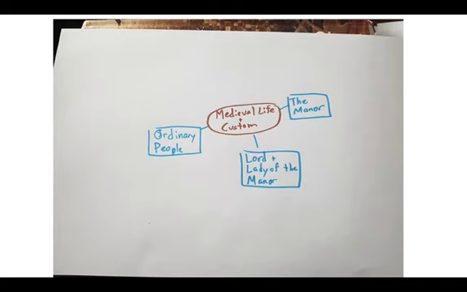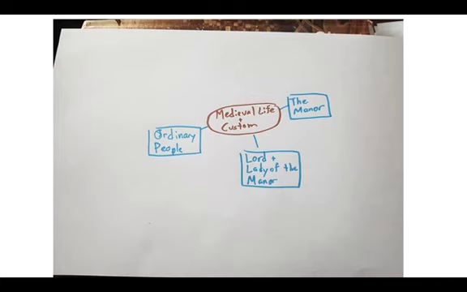Now the heading of the manor we finished. All the details are not there because this is an older picture I took, but that would be done on your page. You've got all the stuff for the manor done, all the subheadings and details. Now what I want you to do is try to finish the notes for ordinary people. So that's one heading, and you should have subheadings coming off of there and all the details.